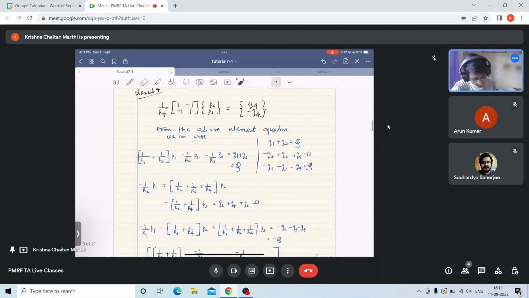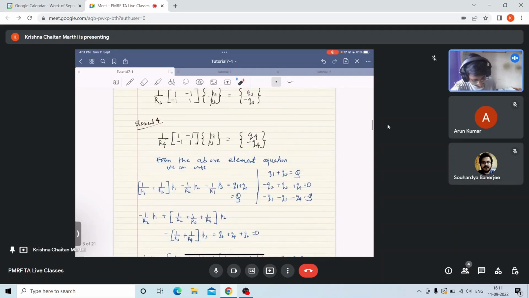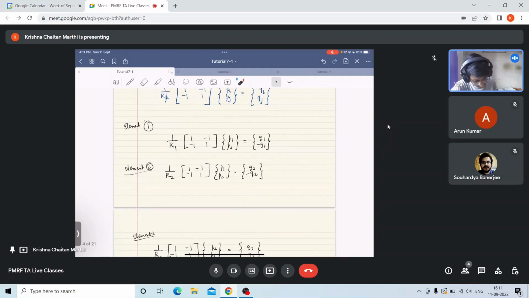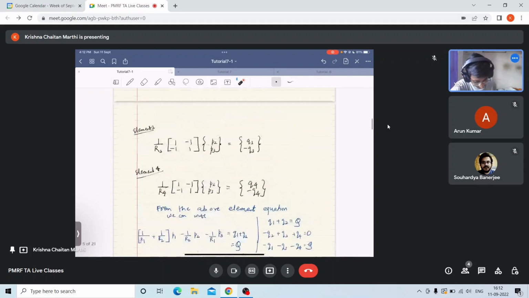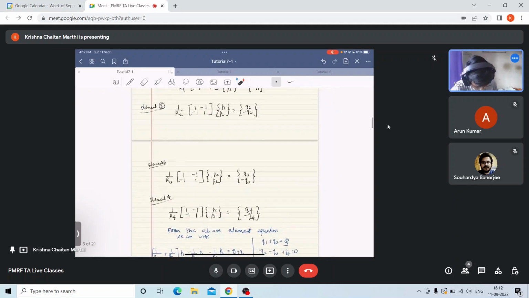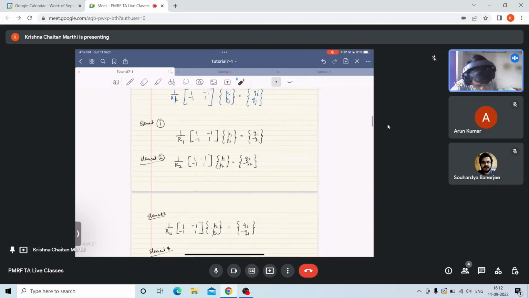Now I can expand this expression in algebraic form, and I get (1 by r1 plus 1 by r2) times p1 minus 1 by r2 times p2 minus 1 by r1 times p3 equal to q1 plus q2, which is Q. So I am getting q1 like this: 1 by r1 p1 minus 1 by r1 p3 equal to q1 from this element.